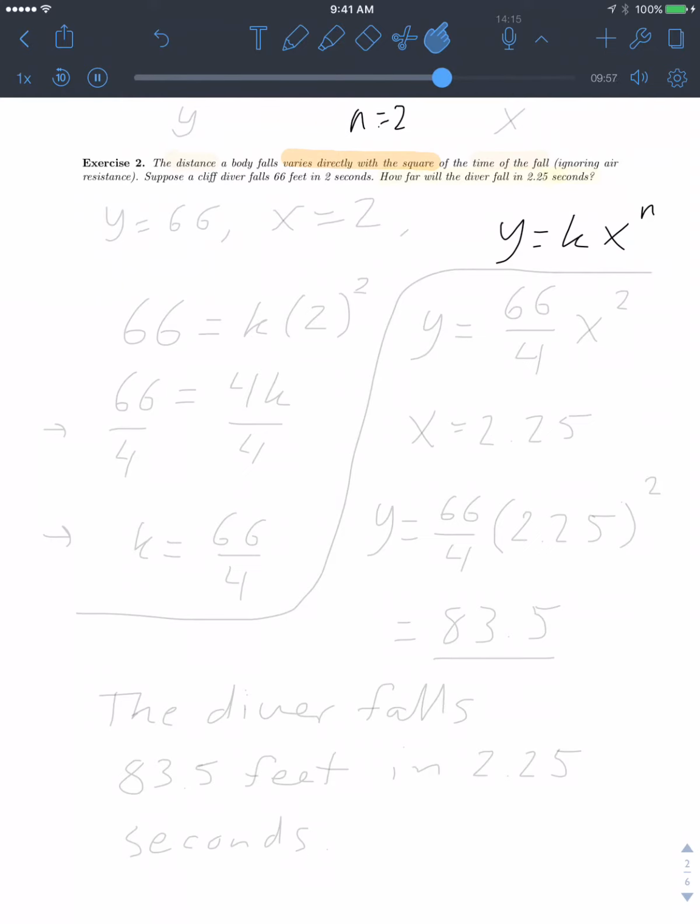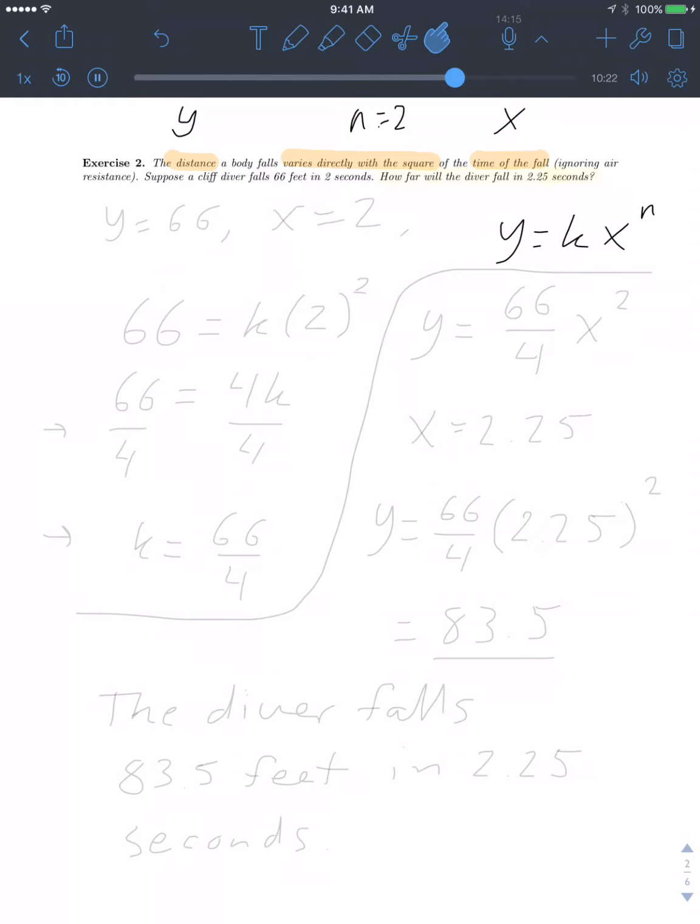Now the variables in question: we have the distance varying with the time of the fall. That means that the distance would be our y, our dependent variable, and the time of the fall, how long it takes for the body to fall, would be our independent variable.